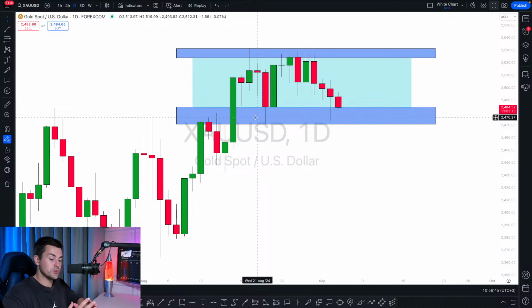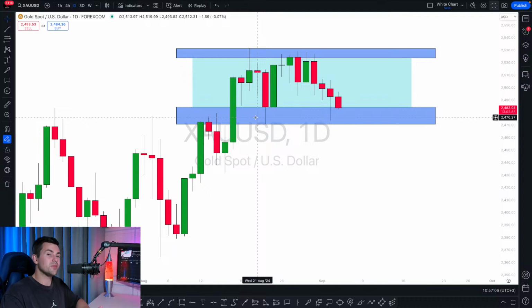Why are these ranges always so important? Because as we discussed many times, within the range, the market found the so-called fair value. When the market starts trading within the horizontal range, it signifies that supply met demand.